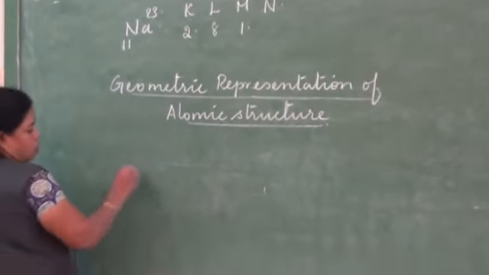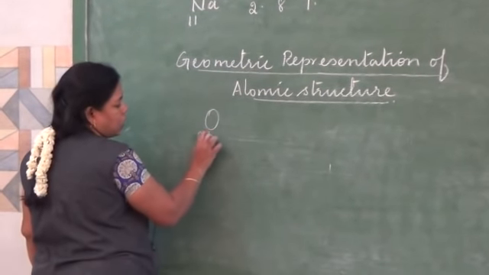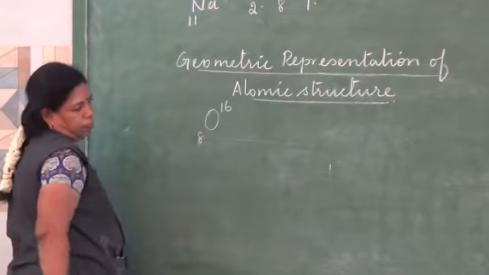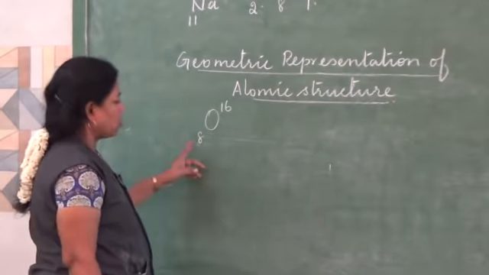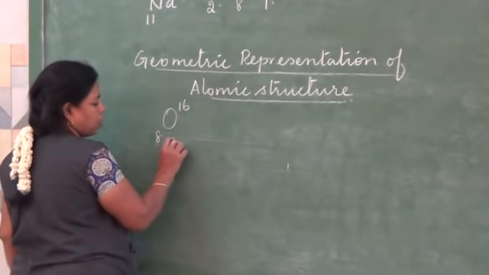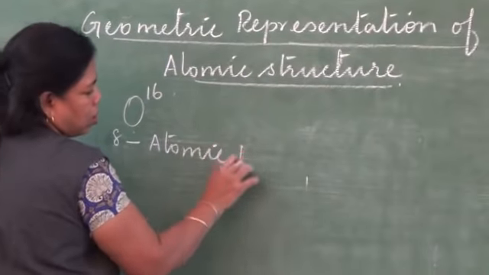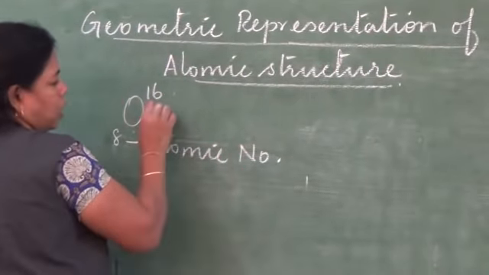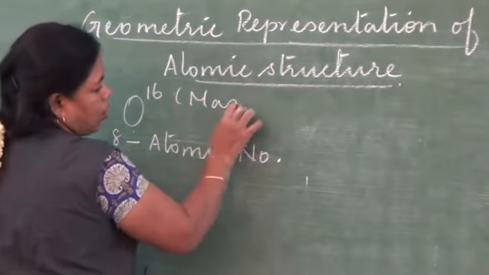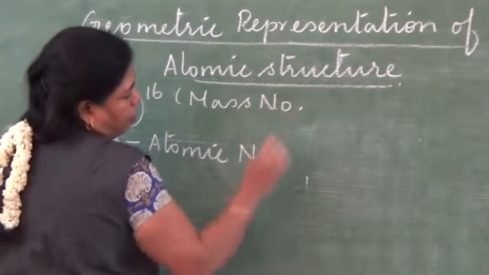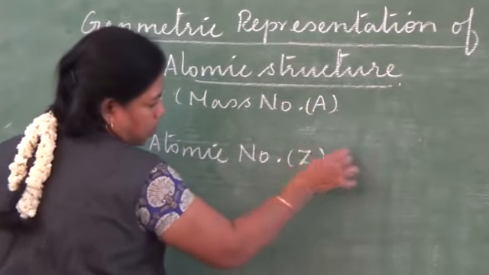Let us consider oxygen. Its atomic number is 8 and its mass number is 16. Already I told you, the subscript is the atomic number and the superscript denotes the mass number. Mass number is denoted by the letter A and the atomic number is denoted by the letter Z.